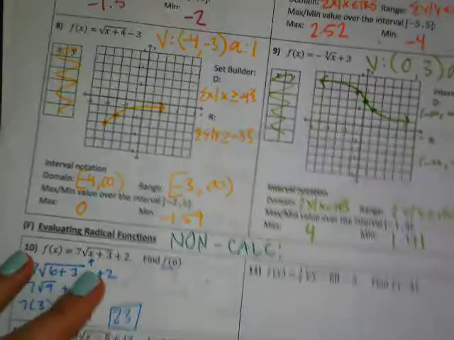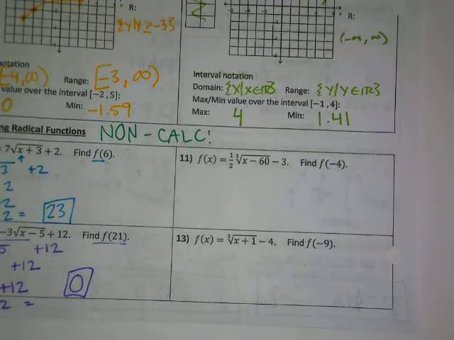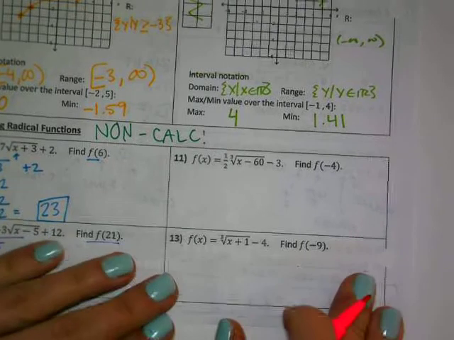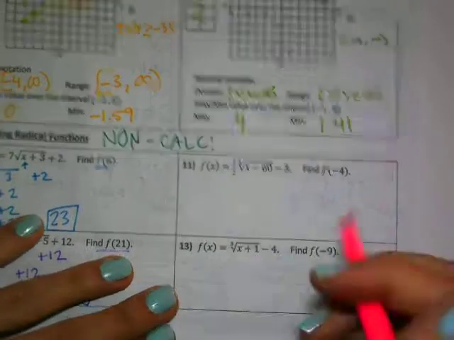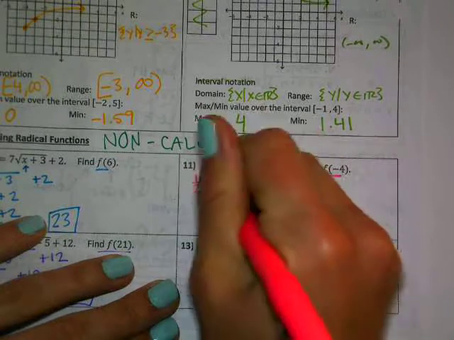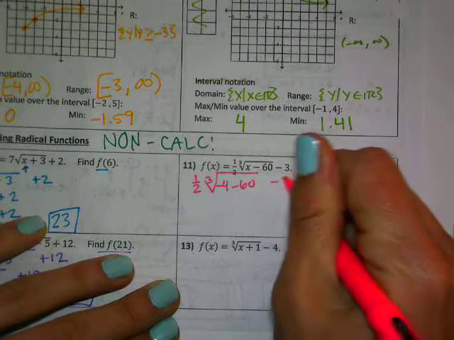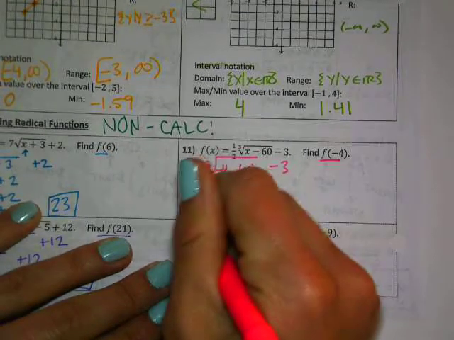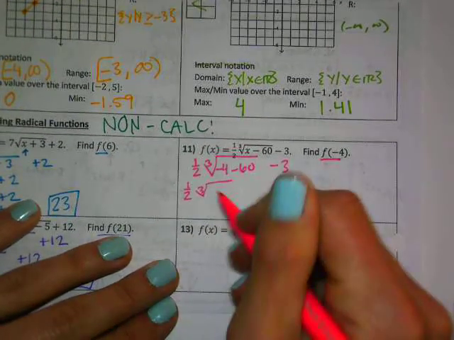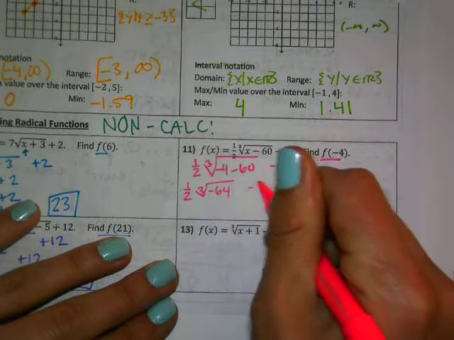All right, so let's do these last two problems here. What number am I plugging in for x on number 11? -4. -4, very good. So 1/2 cube root of -4 minus 60, and then minus 3. So what is -4 minus 60? -64.